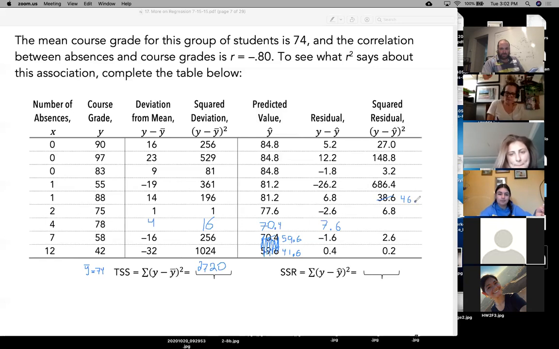Wow, that's way off. And then 5.2 squared is 27.04. 12.2 squared is 148.84. 1.8 squared is 3.24. I got a negative. The negatives go away because you're squaring them. 2.6 squared is 6.76.